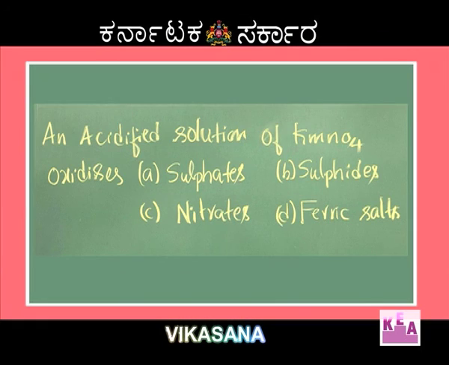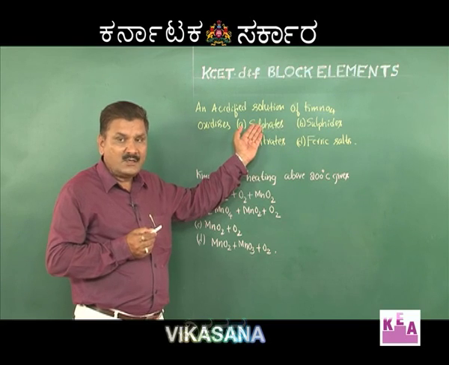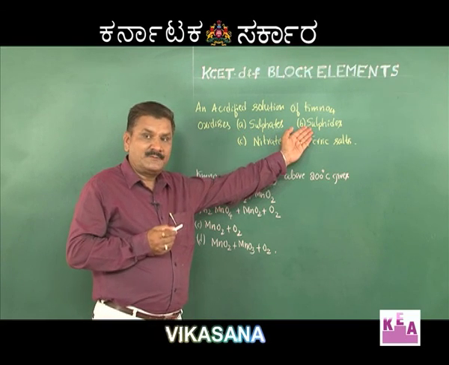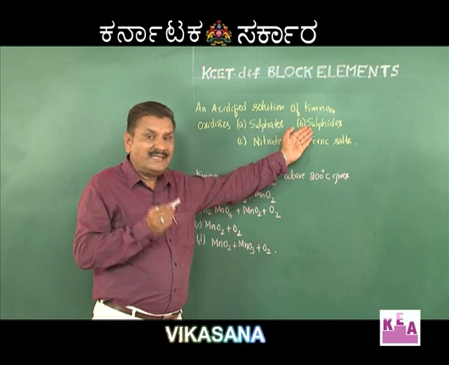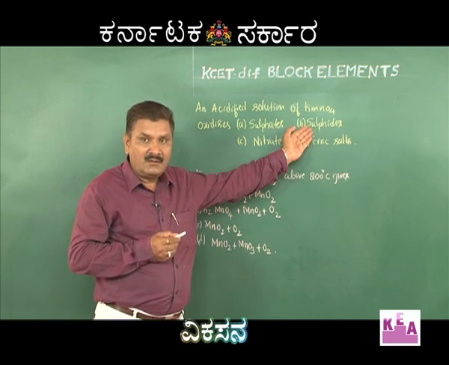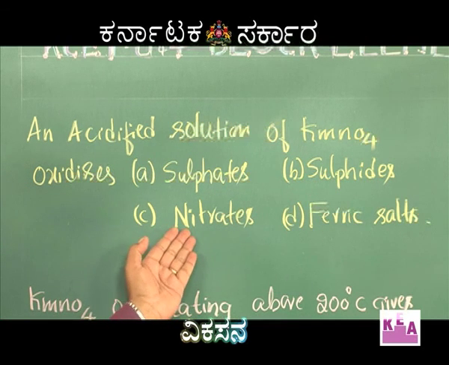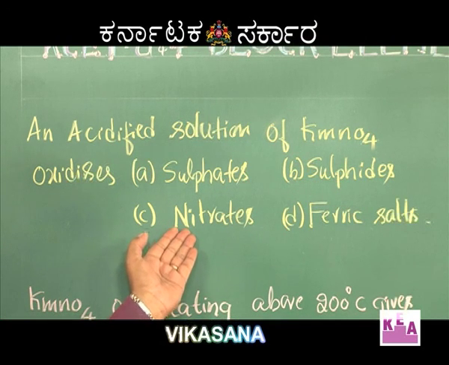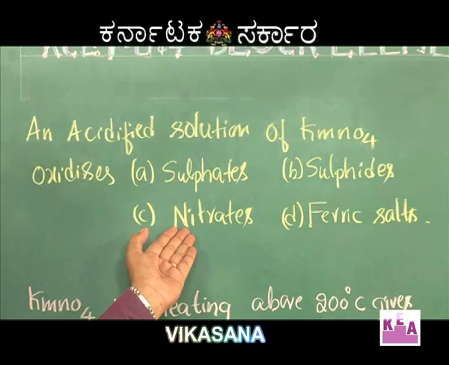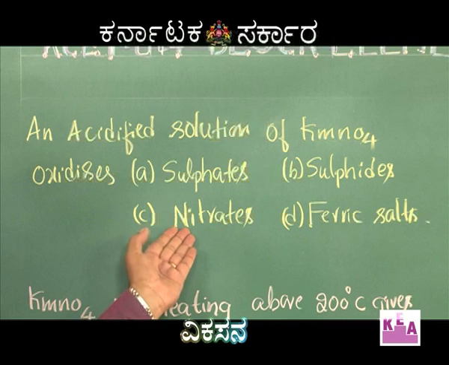If you look at the options here, in sulfates, we have sulfur with highest oxidation state of +6. This cannot undergo oxidation. In sulfides, sulfur is in its lowest oxidation state, -2. This can undergo oxidation. In nitrates, we have nitrogen with higher oxidation state of +5, which further cannot undergo oxidation.